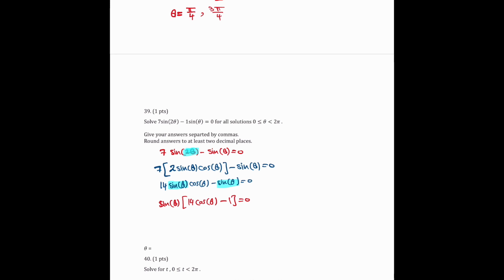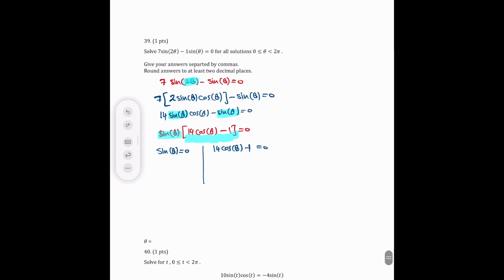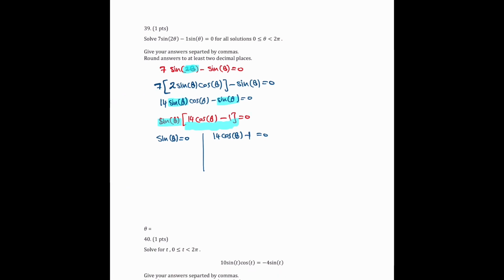I have two expressions whose product is 0. So that means the first one is 0 or the second one is 0. So sine theta equals 0, and 14 cosine theta minus 1 equals 0. I will solve each one individually. I'm looking for theta such that sine theta is equal to 0.